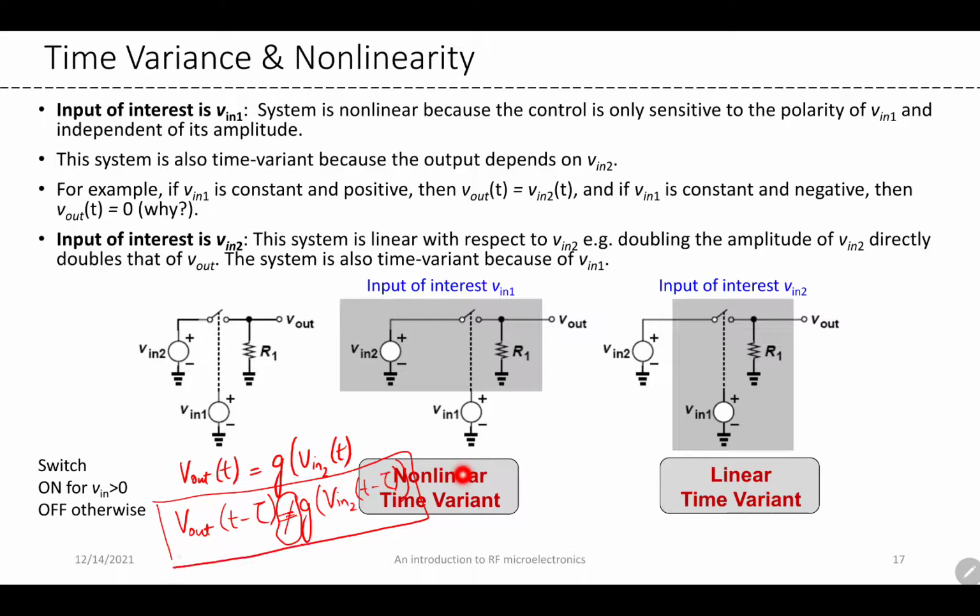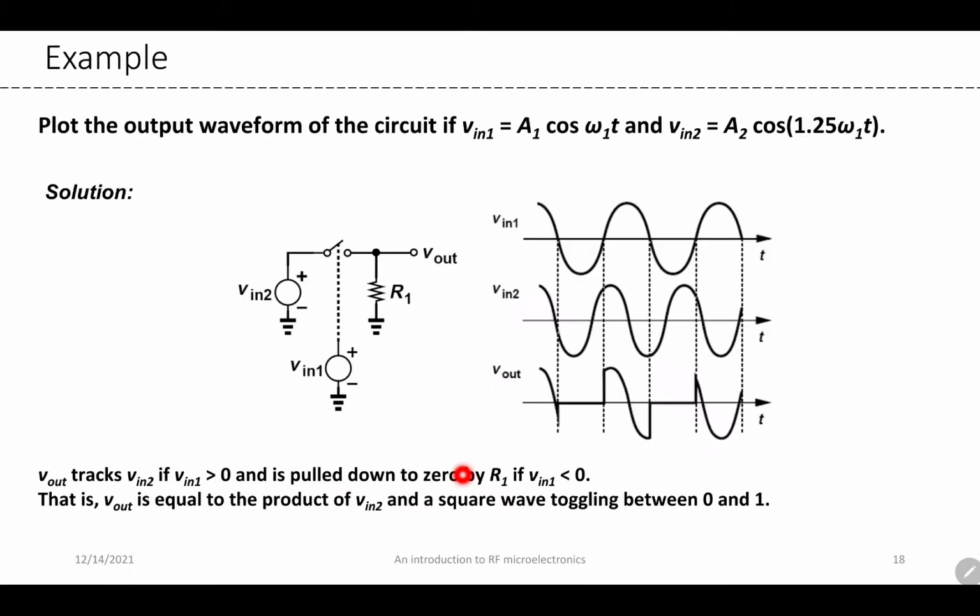A shift in V in 2 might not necessarily mean that you'll have the same V out with a time shift. We'll see an example and we'll see why that's not the case.